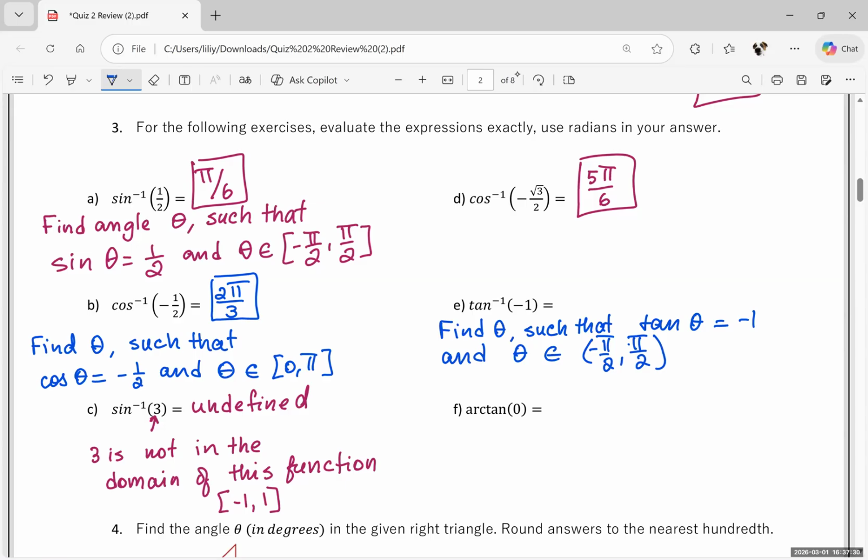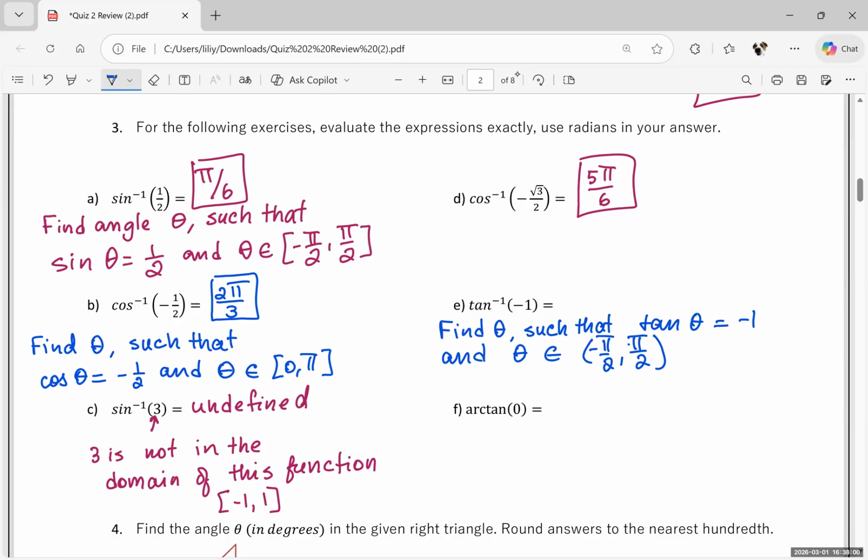Just think logically a little bit. For tangent to be -1, sine and cosine have to be the same value. Only one of them needs to be positive and one of them needs to be negative. Since this interval, the -π/2 to π/2, that's quadrant 4 and quadrant 1. We cannot go into quadrant 2. So what needs to happen here is that sine will be negative. We're in quadrant 4.